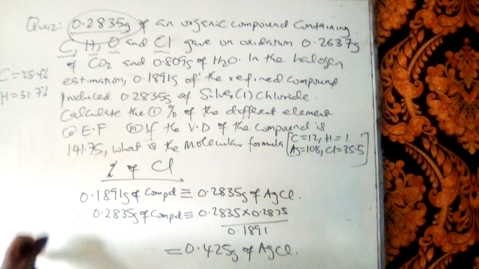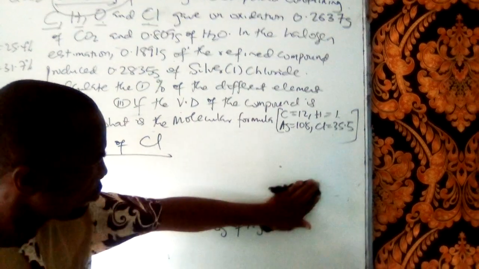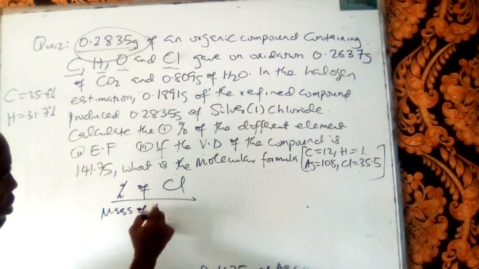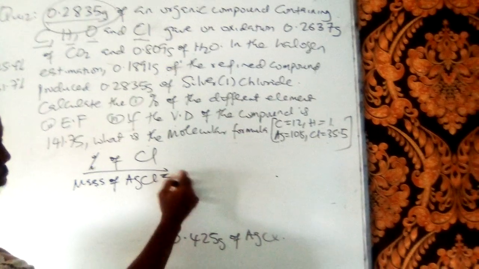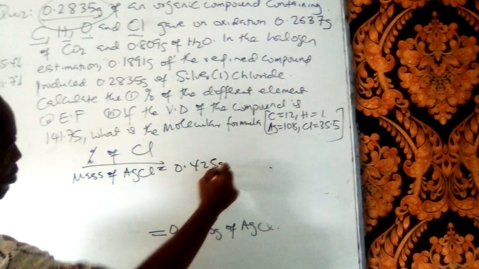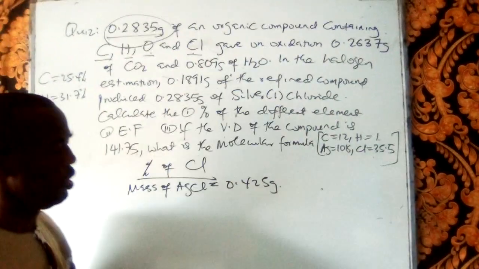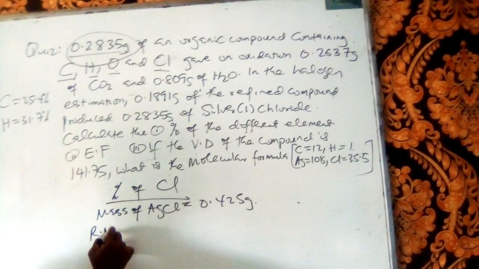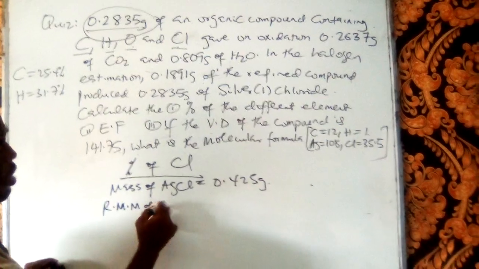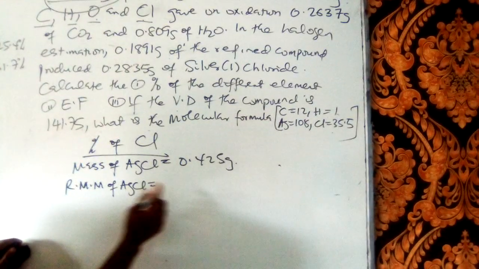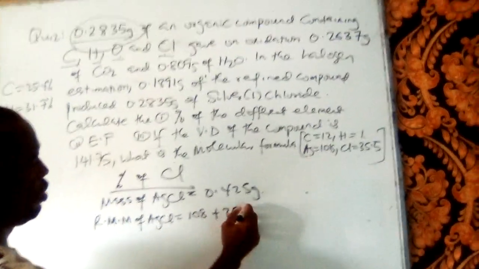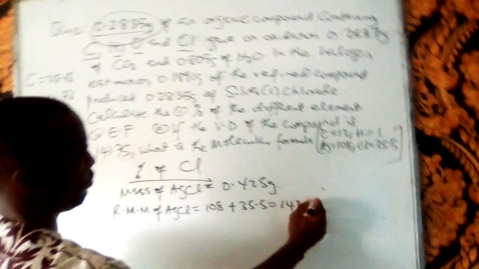Now, having done that, we now continue. The mass of silver chloride calculated is 0.425 grams. We now move over to estimation of chlorine percentage. We find the relative molecular mass of silver chloride. That gives us silver is 108 in bracket, chlorine is 35.5, giving us 143.5.